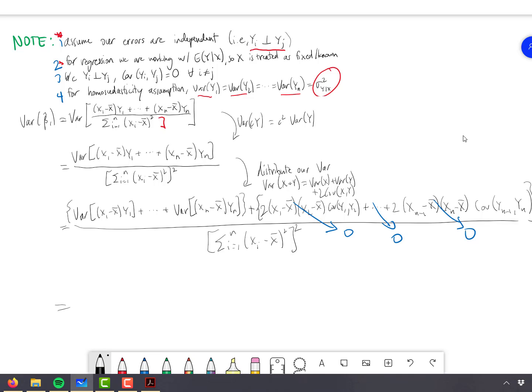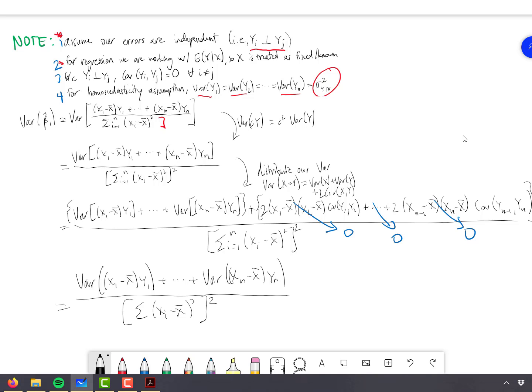What we're left with is slightly simpler to work with: the variance of (x1 minus x bar) y1 plus dot dot dot plus the variance of (xn minus x bar) yn, again all divided by the sum of (xi minus x bar) squared, all squared.